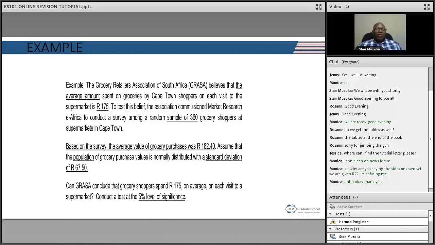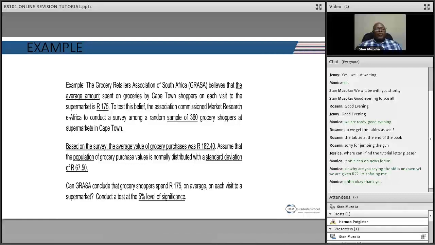Based on the survey, the average value was 182.47. Assume that the population of grocery purchase values is normally distributed with a standard deviation of 67.5. Once more, we are given a population standard deviation.